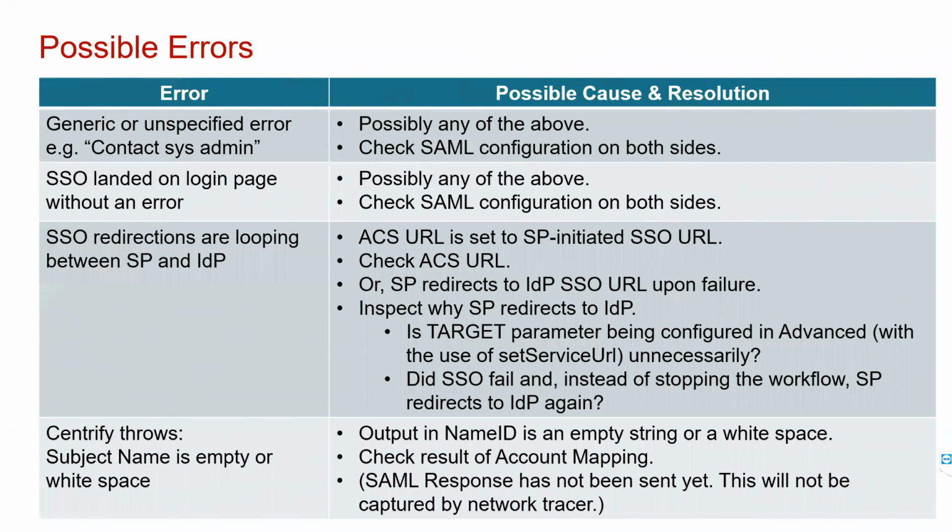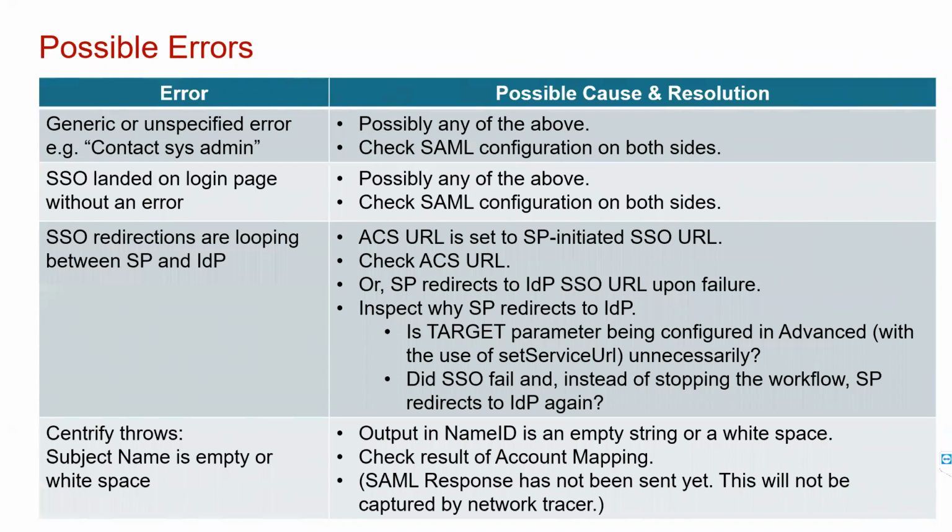We have seen that due to misconfiguration, on the IDP side, if we mistakenly set the ACS URL to be the SP-initiated single sign-on URL, that forms a loop right away. So first check that: are we setting that correctly?